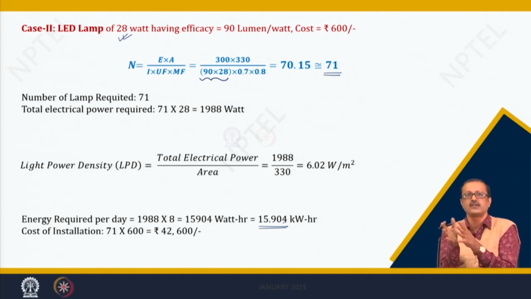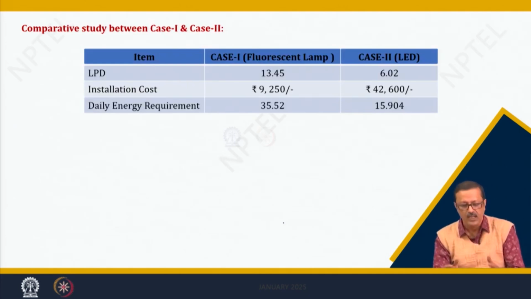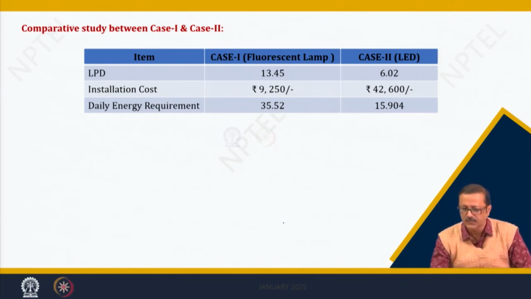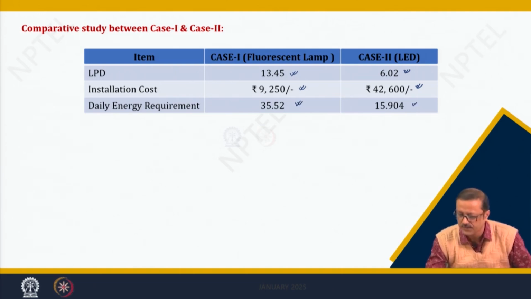So, to see what should be my criteria, I have written down both the cases. For the LED, the LPD is lower, while in the case of the fluorescent the LPD is higher, but the installation cost is lower. The energy requirement is higher in the case of the fluorescent.